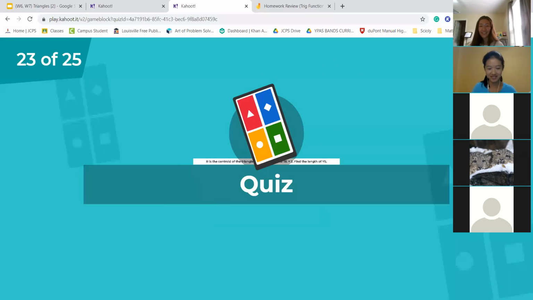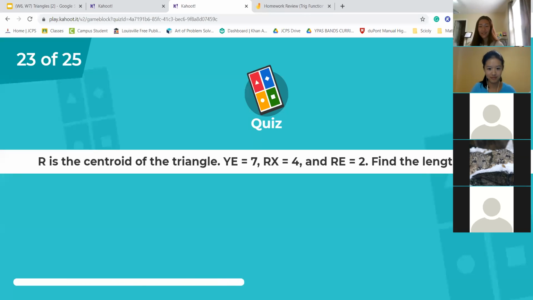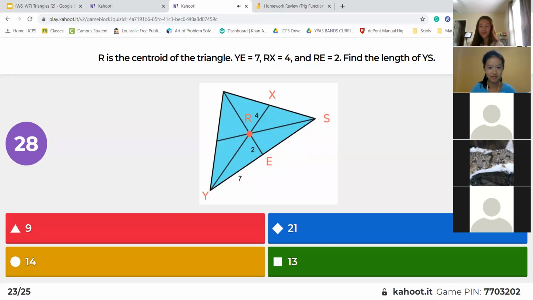Hey, I had my cursor on the view somehow. We're skipping this one for sure. Yep. Or am I? I got it right. I used YS. What was YS right then?